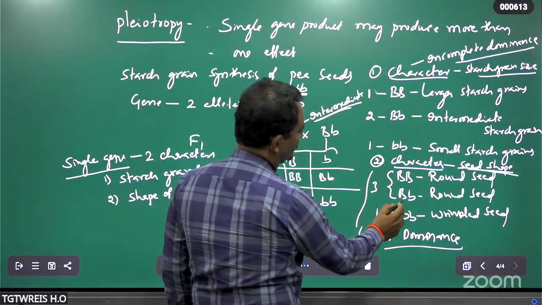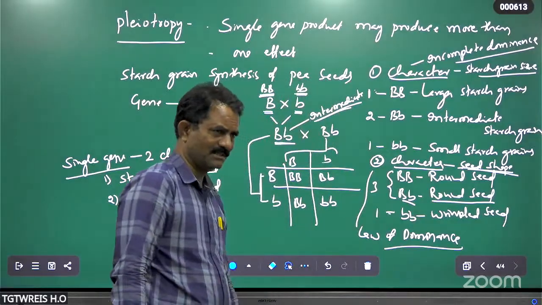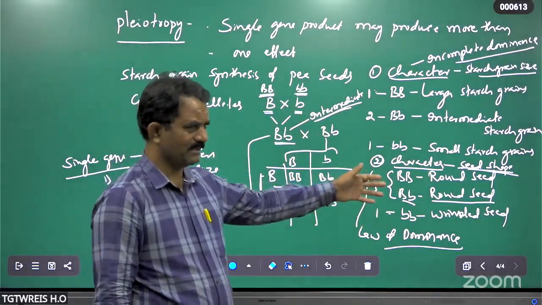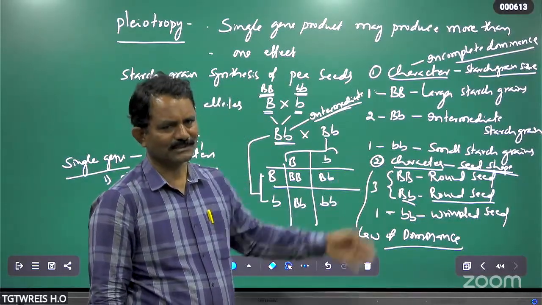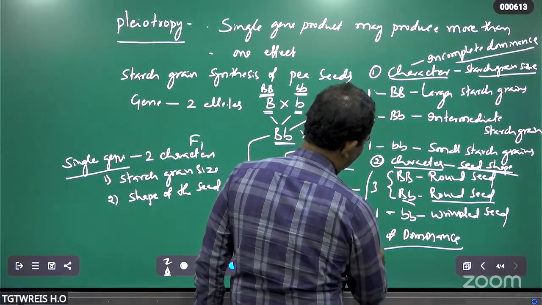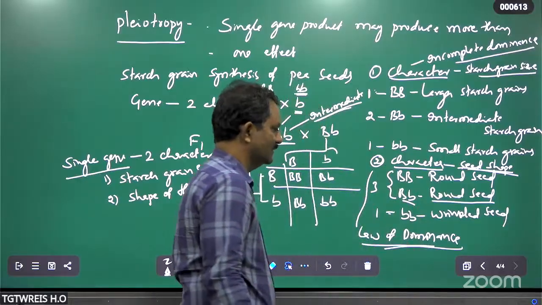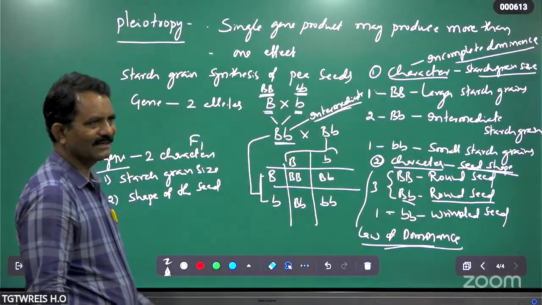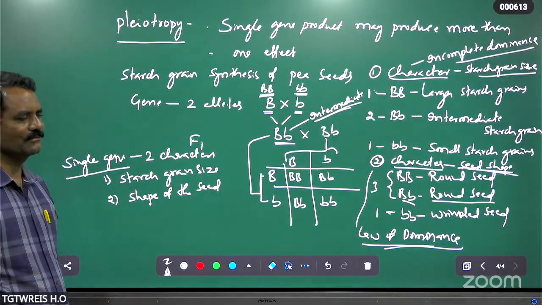So the hybrid condition shows one of the parental characters, that is round seed. Round seed is present in the parent and appears in the F1. So F1 is similar to one of the parents, that is the law of dominance. The other is incomplete dominance. These two characters are regulated by a single gene, and that condition is called pleiotropy.